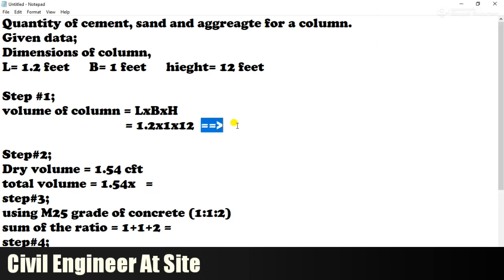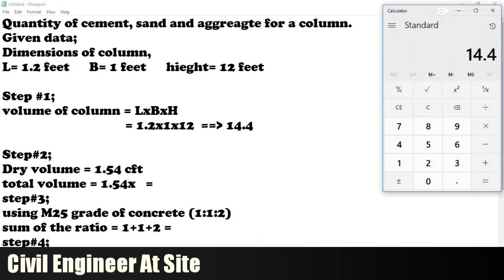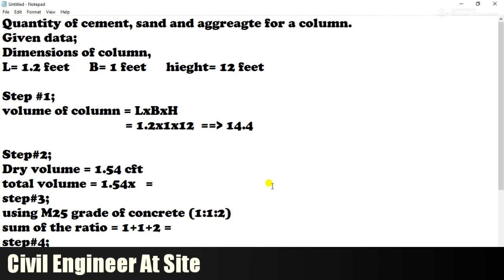So the volume of the column is 14.4, and the unit will be CFT.